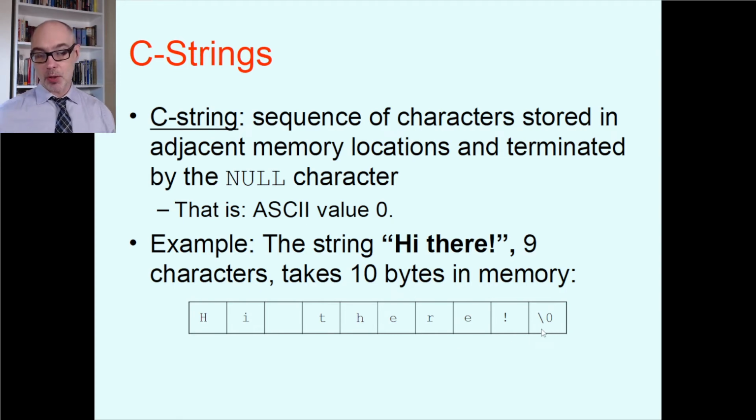That is the escape code for the number 0, stored as a character. So keep track of that difference. I would say the string has 9 characters, but it does take 10 bytes, so be a little bit careful about that. And we have seen this previously in the course.